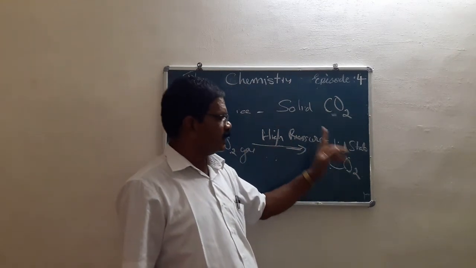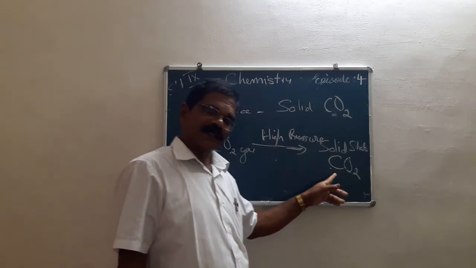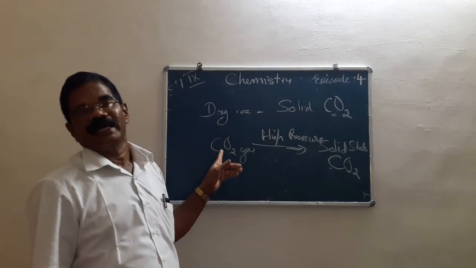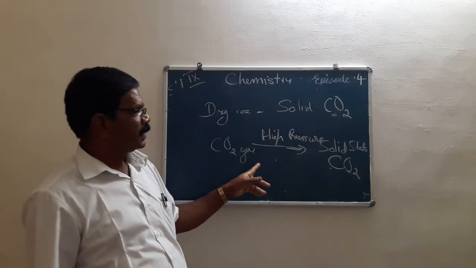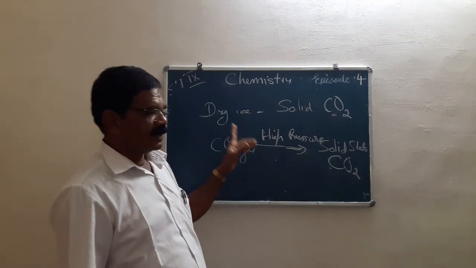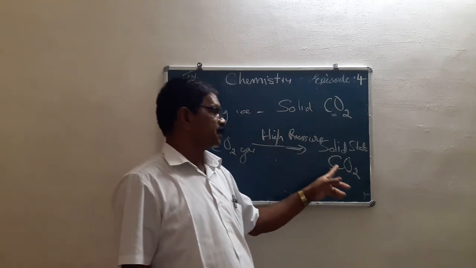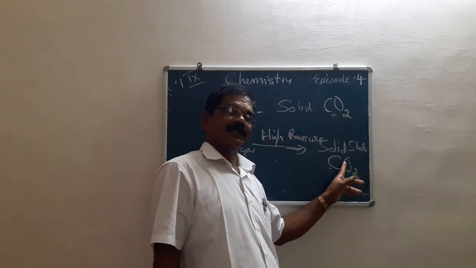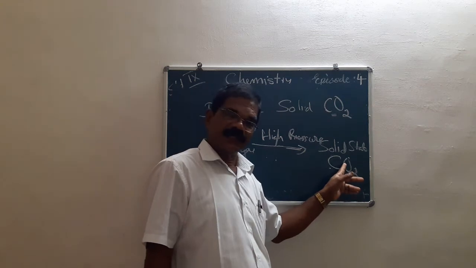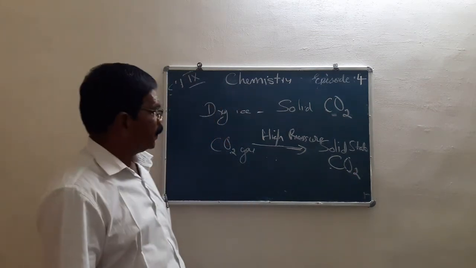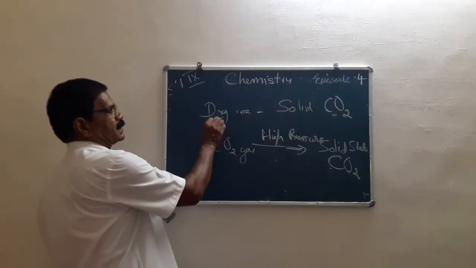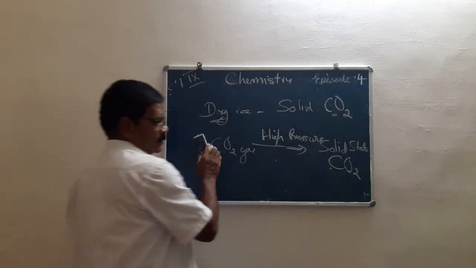In the solid state it is called dry ice; in the gaseous state it is commonly carbon dioxide. On applying pressure, gaseous carbon dioxide directly changes into solid carbon dioxide. So it is called dry ice. Remember the name dry ice.